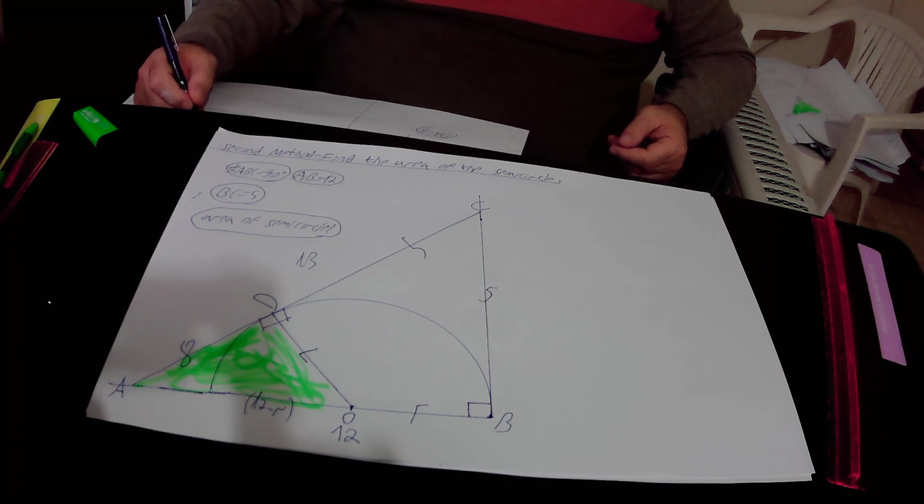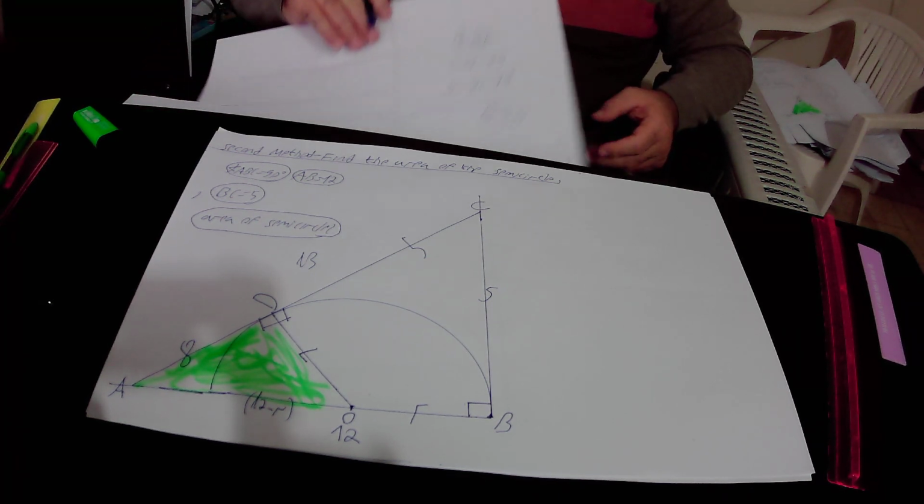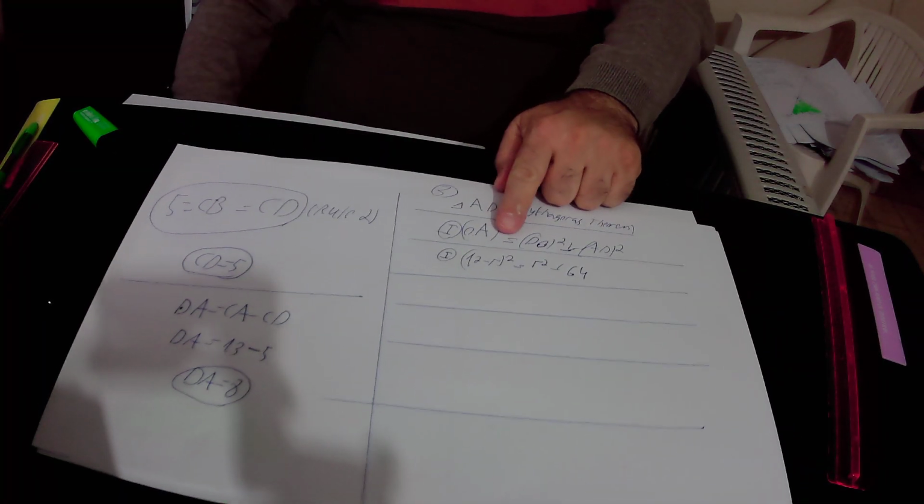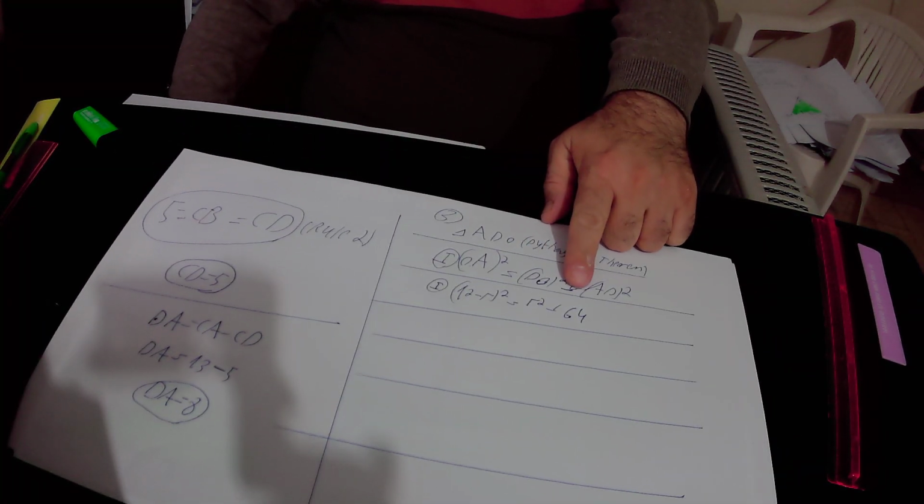So in conclusion, we found out that according to equation number 1, 12 minus r squared equals r squared plus 64.